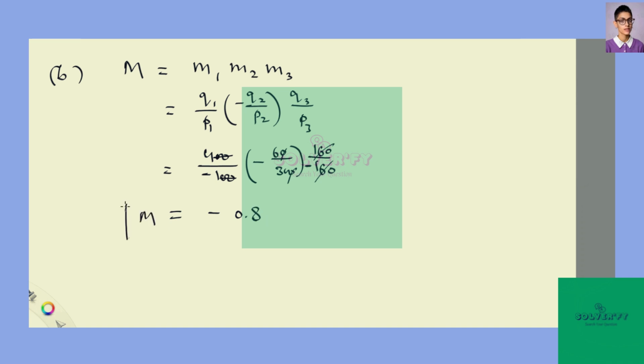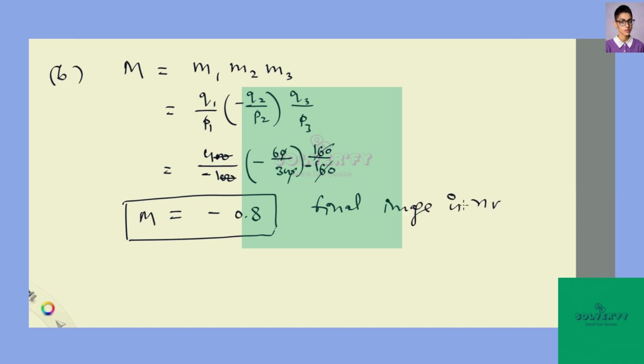So this is the overall linear magnification produced by the combination of lens and mirror. And the negative sign shows that the final image is inverted. So these are the answers for the given problem.